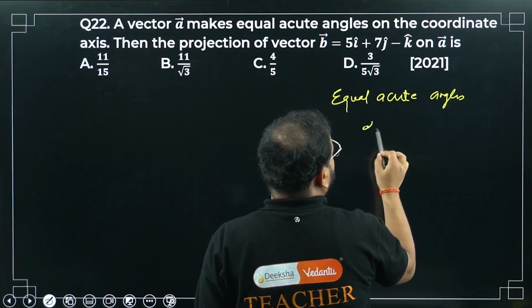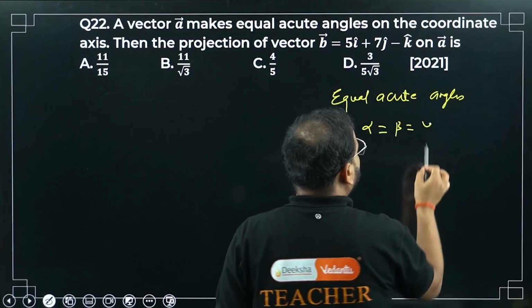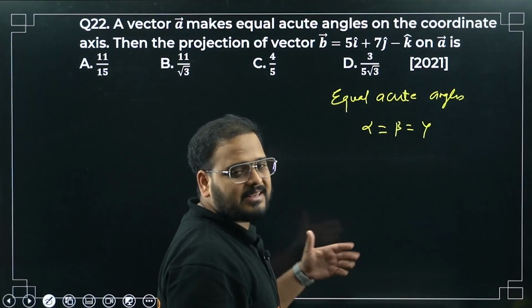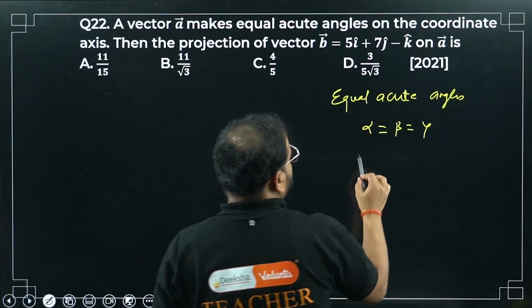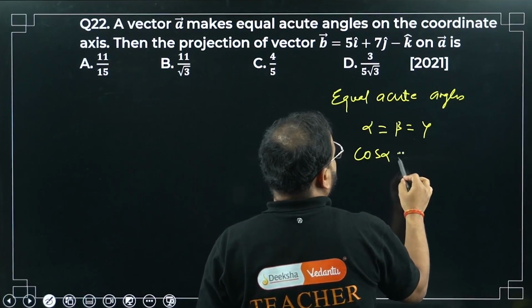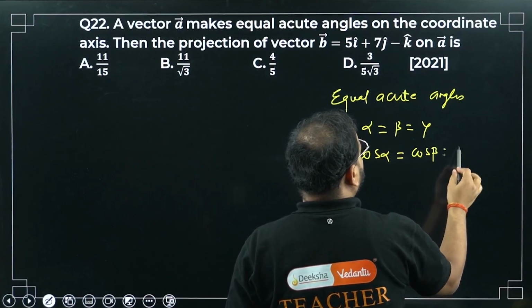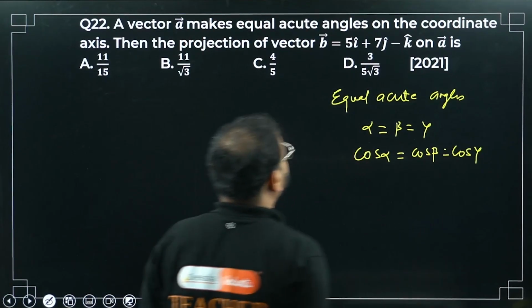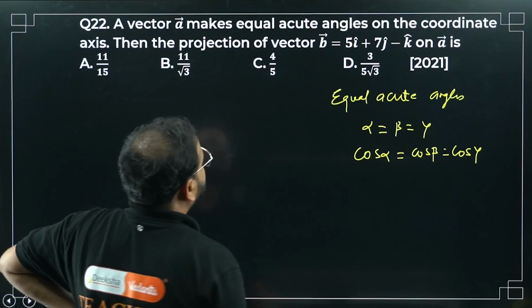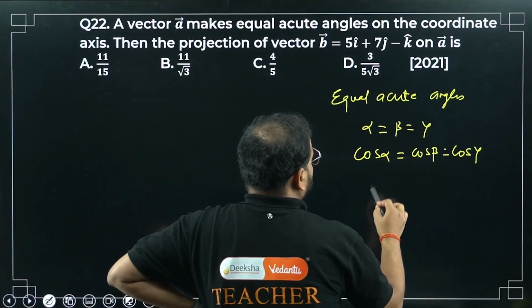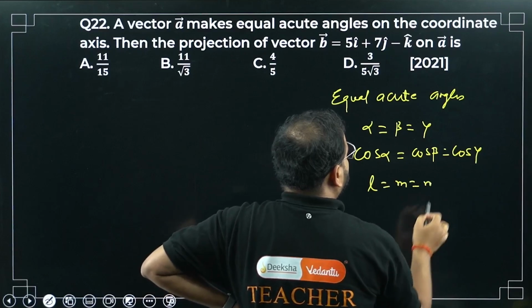It means alpha equals beta equals gamma. That's the angle between the x-axis and the vector, y with the vector and z with the vector. So basically cos alpha equals cos beta equals cos gamma. So I can write, basically, L equals M equals N.